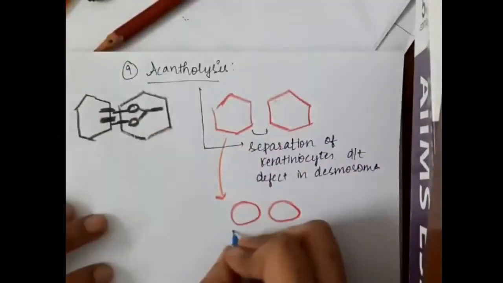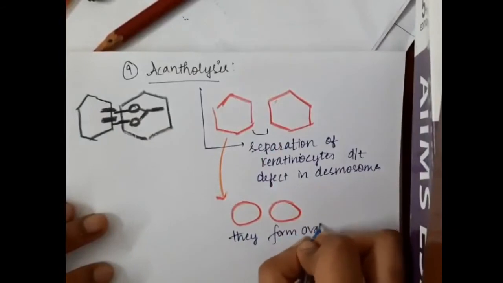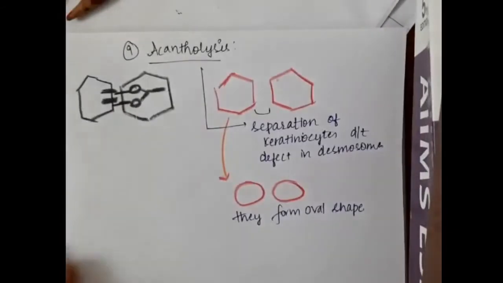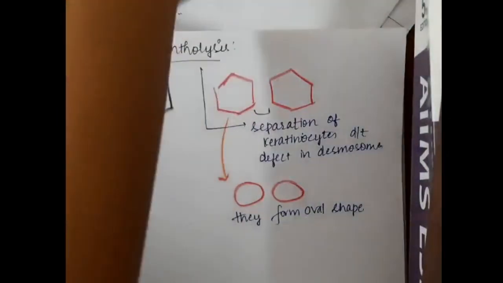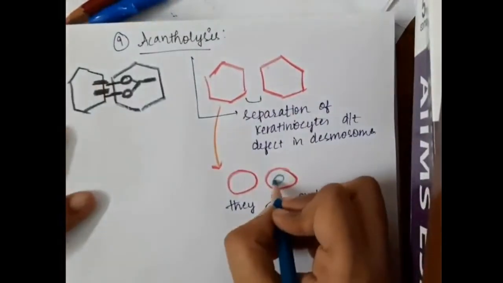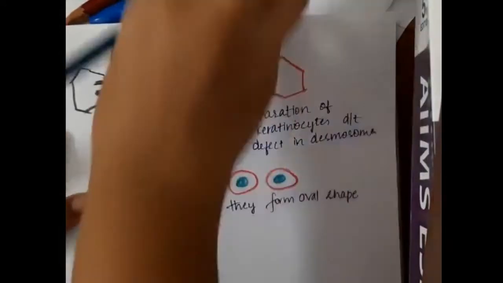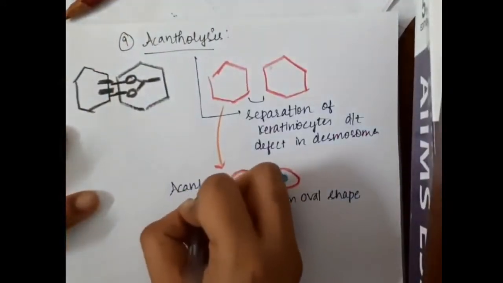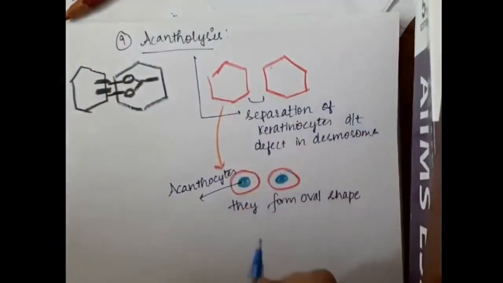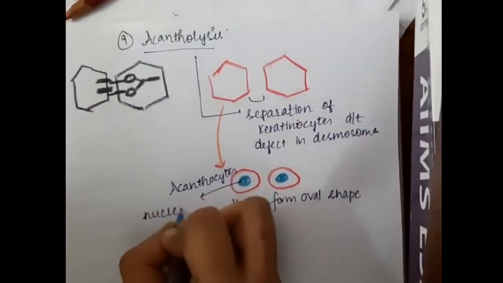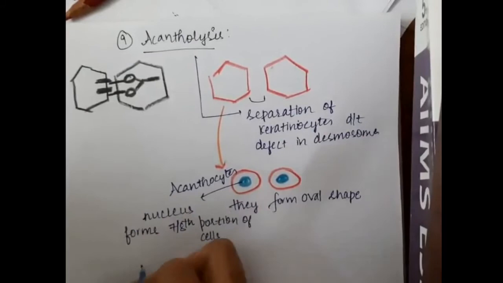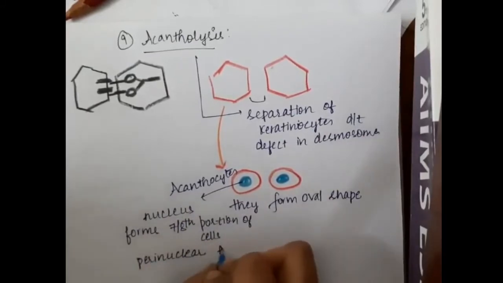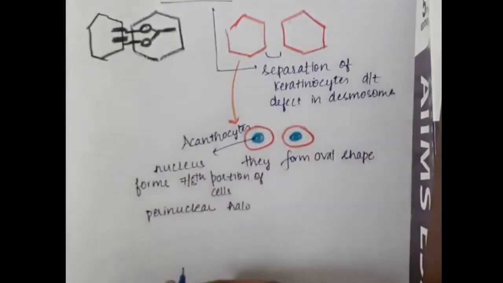The keratinocytes transform into oval shaped cells called acanthocytes, which have a nucleus occupying almost 7/8 of the cell and are surrounded by a perinuclear halo.